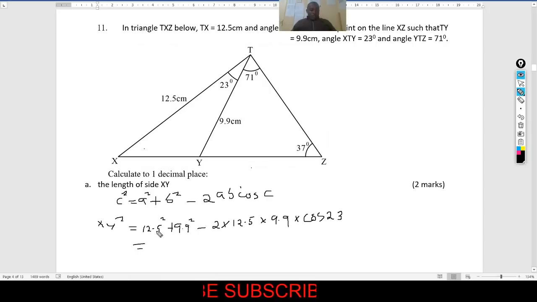So this is equal to 12.5 squared plus 9.5 squared, which gives you 254.26, minus 2 times 12.5 times 9.5, which gives you 237.5, times cos of 23.